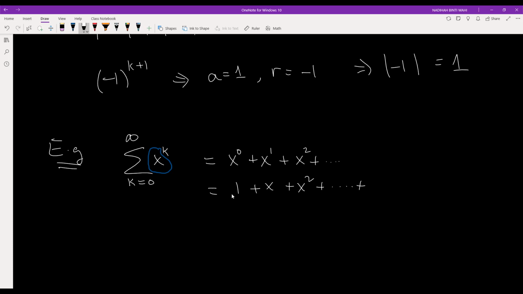By the way, with series and sequence, you might think, what does it have to do with calculus? Actually, it's your most basic topic in calculus.